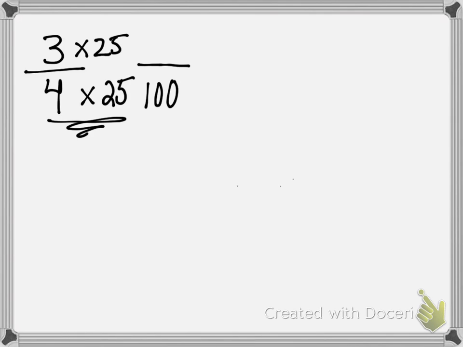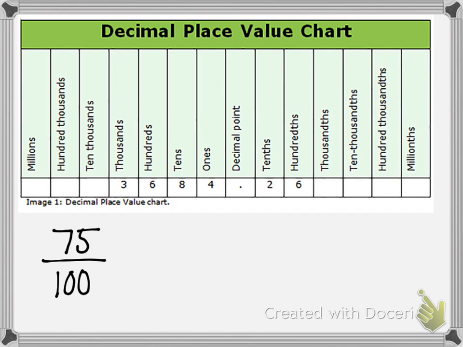3 times 25? Well, let's think about that. How many 3/4 is equal to how much? 75 cents. So 75 hundredths is an equivalent fraction of 3/4. All right, now 75 hundredths is our new equivalent fraction from 3/4.